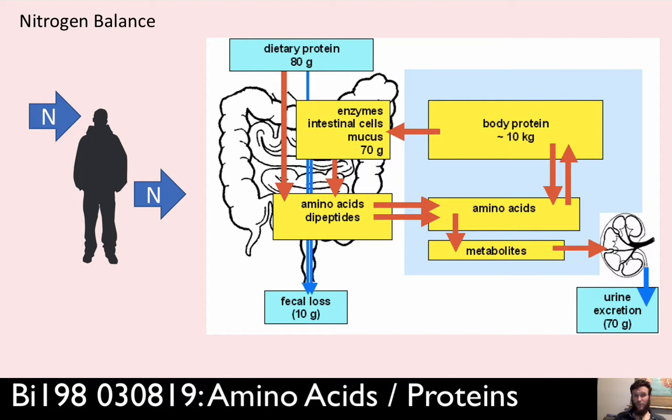So the vast majority of the nitrogen that you consume in a day, if you're in nitrogen parity or nitrogen balance, leaves the body predominantly through your urine. There is a little bit of nitrogen still in your feces, about 10 to 12% of it.